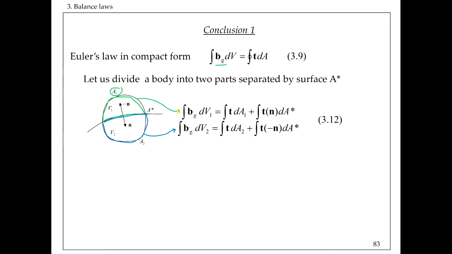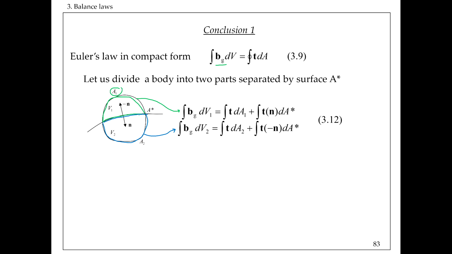All the body forces that we integrate over V1 need to be equal to the tractions that we collect as we integrate over A1 of the outer surface, and also all the traction that acts on the surface that cuts these two parts of the same body.